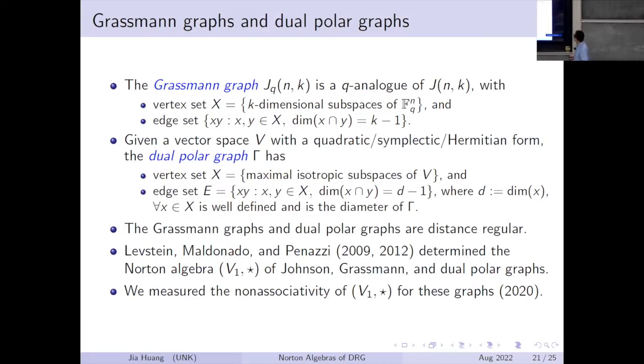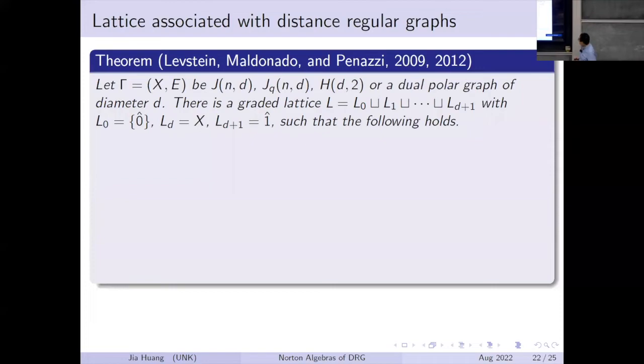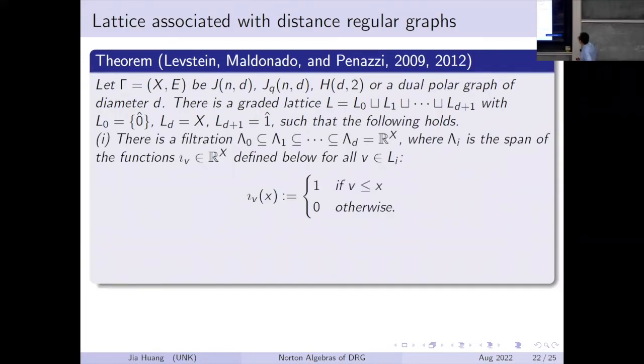I'm running out of time a little bit, so let me be quick. They introduced some lattice associated with those distance regular graphs, like the Johnson graph and Grassmann graph. This is a graded lattice, and you can get a filtration from this lattice, and from that filtration, they were able to get the formula for the Norton products on V1.